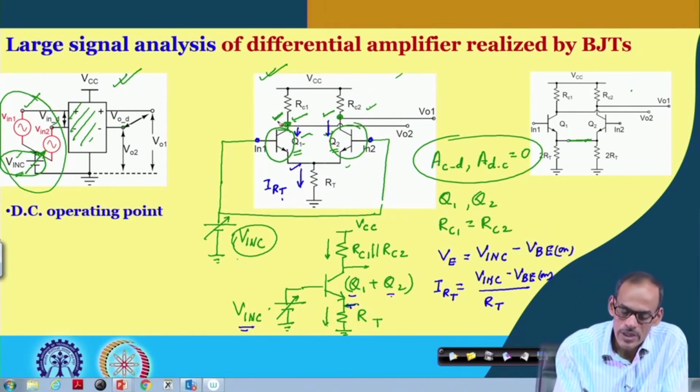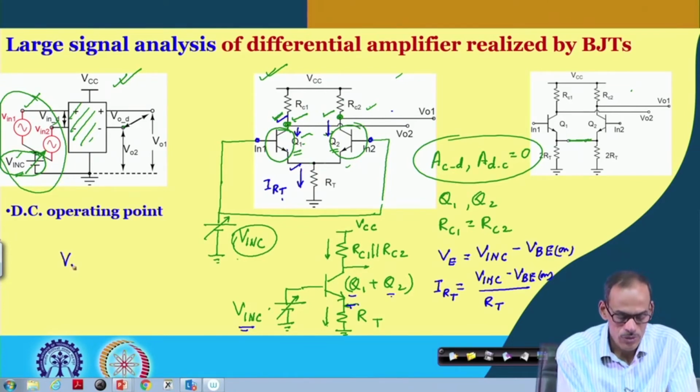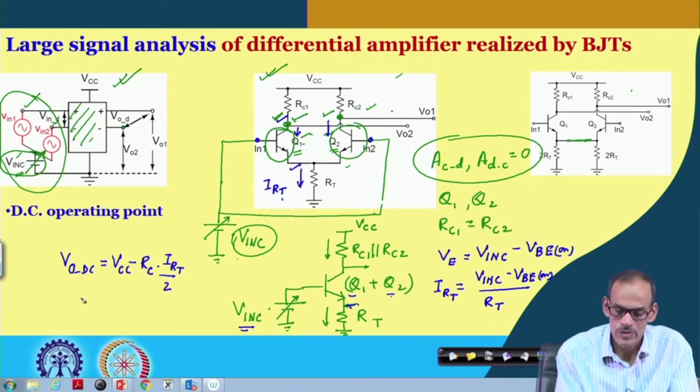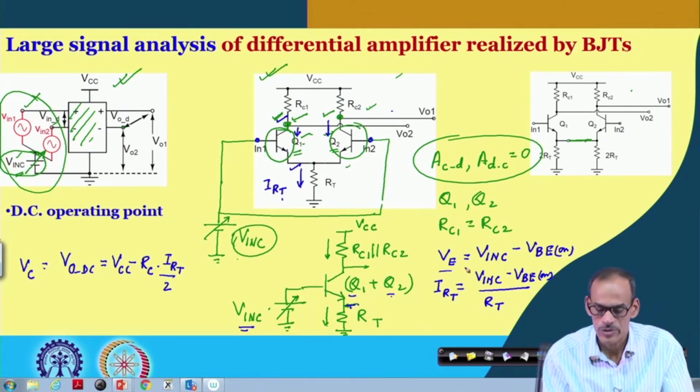So, the voltage at the two output nodes, V_O,DC, equals VCC minus R_C, R_C1 or R_C2, both are the same, multiplied by I_RT by 2. So, that gives us the corresponding collector voltage, and we do have the emitter voltage.